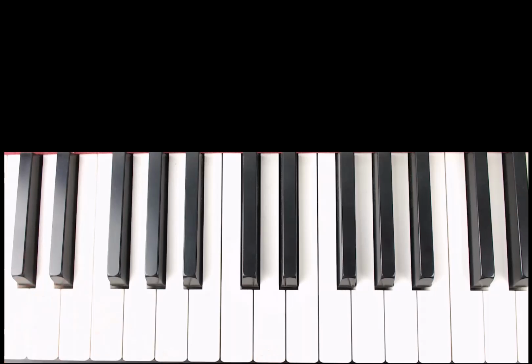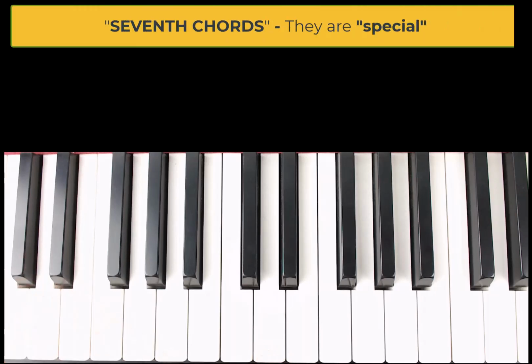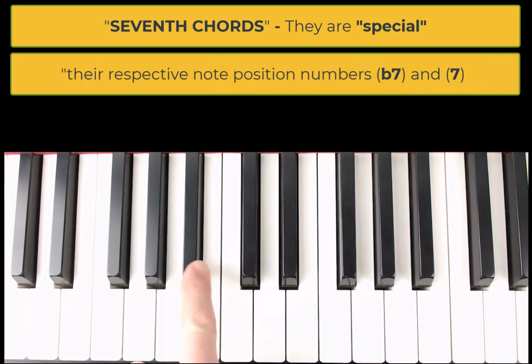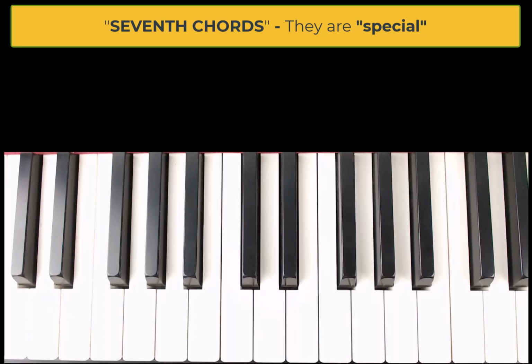Now, the last thing to conclude about 7th chords that maybe I haven't said in this way is that their respective note position numbers, the flat 7 in a C and the 7 note in a C example, are special in that they continue to live in the extended 9, 11, and 13 chords.